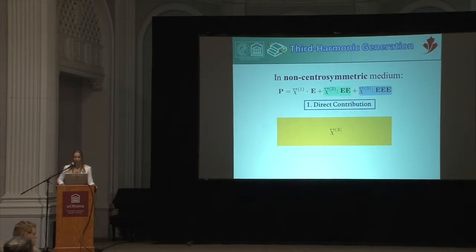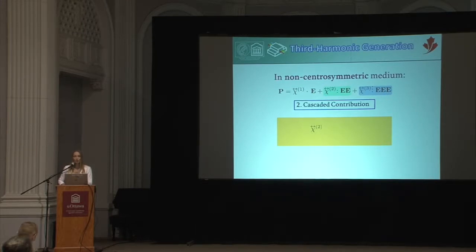The first contribution to the phenomenon of third harmonic generation, which I picked just as an example, is the most obvious one that comes directly from chi3. It arises from the interaction of three photons with the medium by means of chi3 and the appearance of a photon at the tripled frequency, 3 omega.